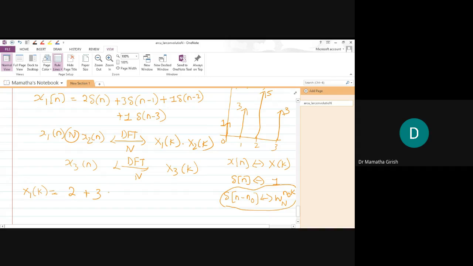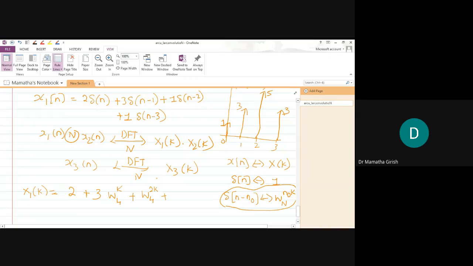What is its corresponding DFT? W sub N, and the length of the sequence N is 4, so W4. The value of n naught is 1, so 1 into k is k. Next term, 1 is the coefficient as it is. Delta of n minus 2 is W4 with n naught 2, so 2 times k.